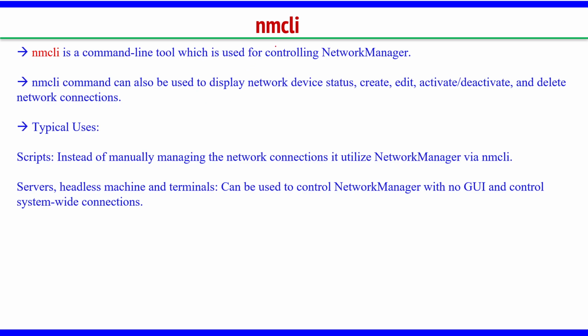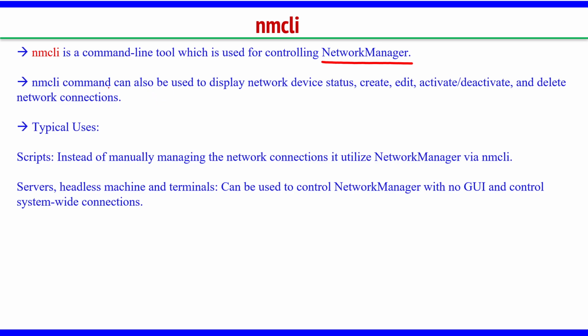The next command is nmcli, the command line interface of the network manager. Everything a network manager does in general can be done using nmcli. It's a command line tool used for controlling the network manager.